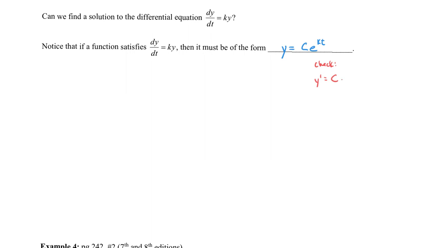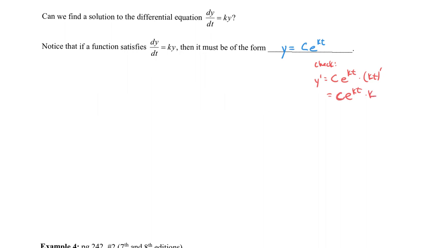So the derivative would be c e to the kt times the derivative of kt. The variable here is t, so the derivative of that is just k, so that would be c e to the kt times k.